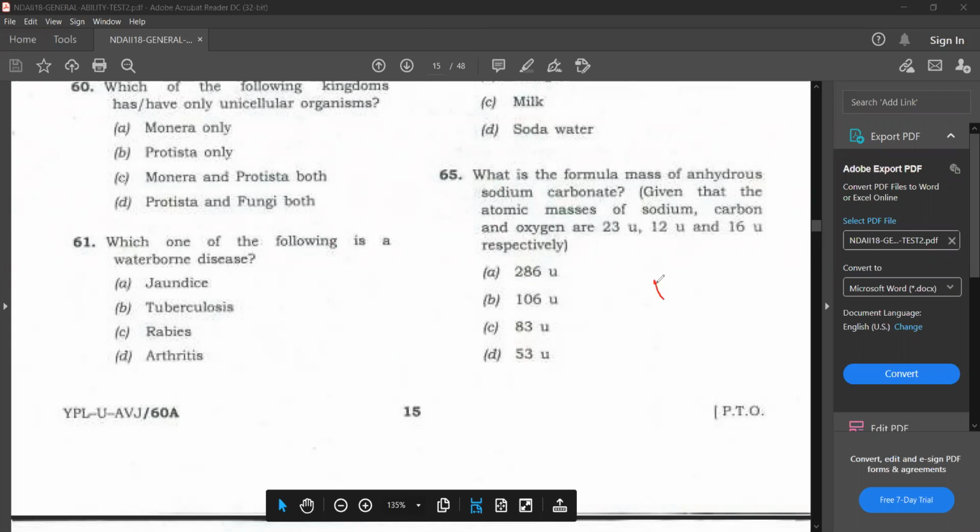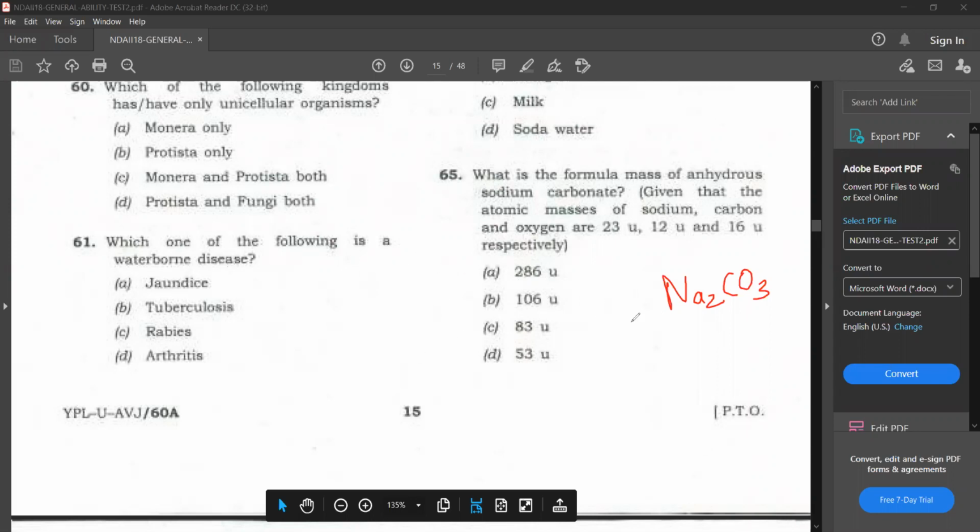So the sodium carbonate formula is Na2CO3, isn't it? Anhydrous sodium carbonate, its formula is Na2CO3.